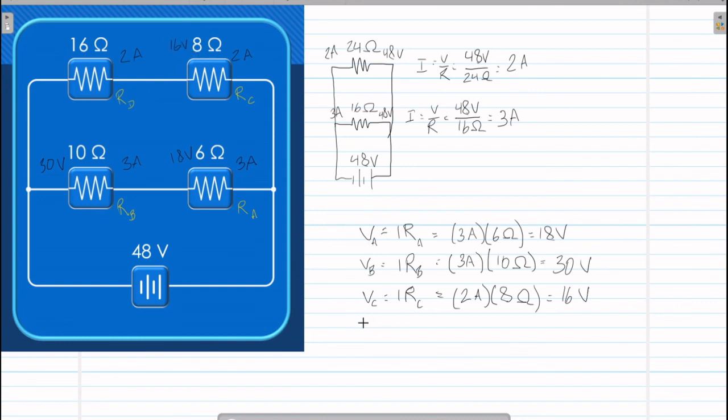And finally, the voltage across D is equal to 2 amperes multiplied by 16 ohms. And 2 times 16 is 32. And again, we can stop and do a little bit of a reality check. The total voltage or the total potential difference across this branch must be equal to 48 volts. And it is. 16 plus 32 is equal to 48. So that checks out.